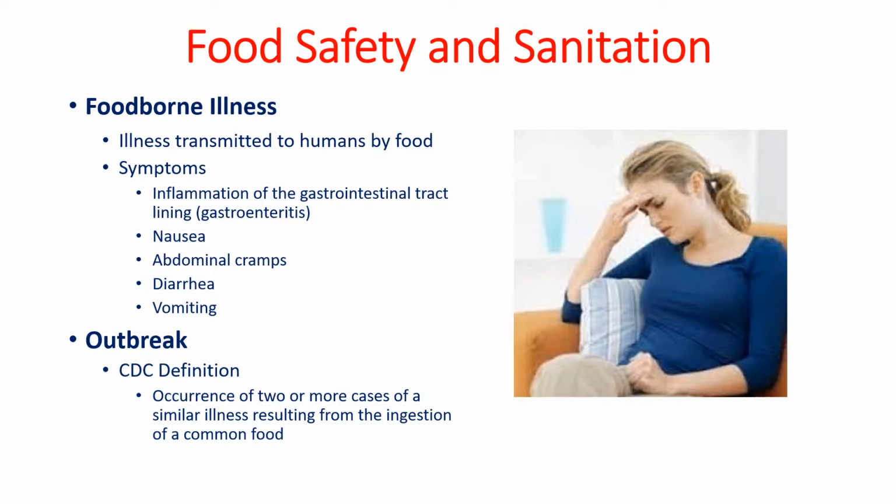An outbreak of foodborne illness, as defined by the CDC, the Centers for Disease Control, is an occurrence of 2 or more cases of a similar illness resulting from the ingestion of a common food. You may have heard of this in the news or even maybe just among people that you know.